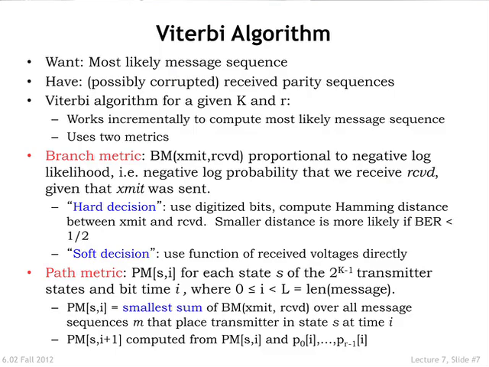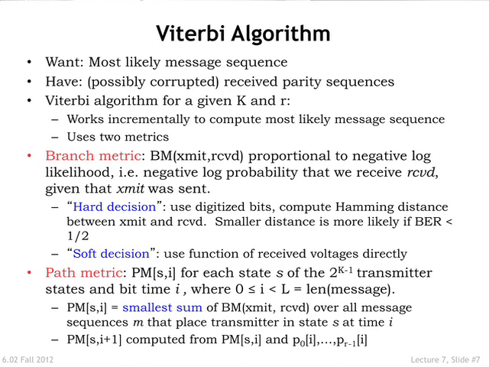And the path metric, this is a more elaborate notation than what I have here. So instead of a subscript to denote the state, this has the state index here and the time index here, and PM for path metric instead of just P, but it's the same thing. So for each state and at each stage, so for each of the 4 states and for each of the stages, you're going to compute this.